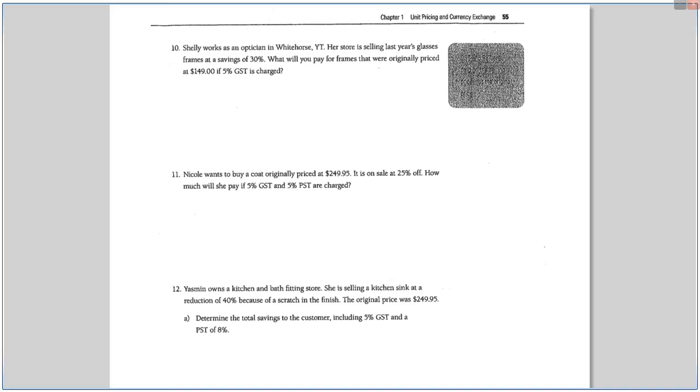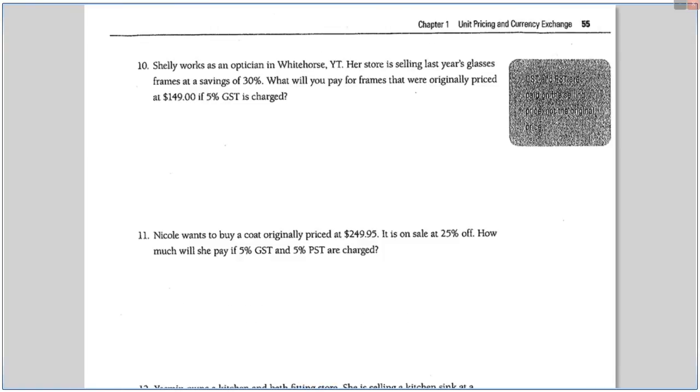Alright, these next questions involve savings and then tax. So for this question, 30% discount, the original price, and then 5% GST. So first things first, take that price, times it by the discount, get $44.70.